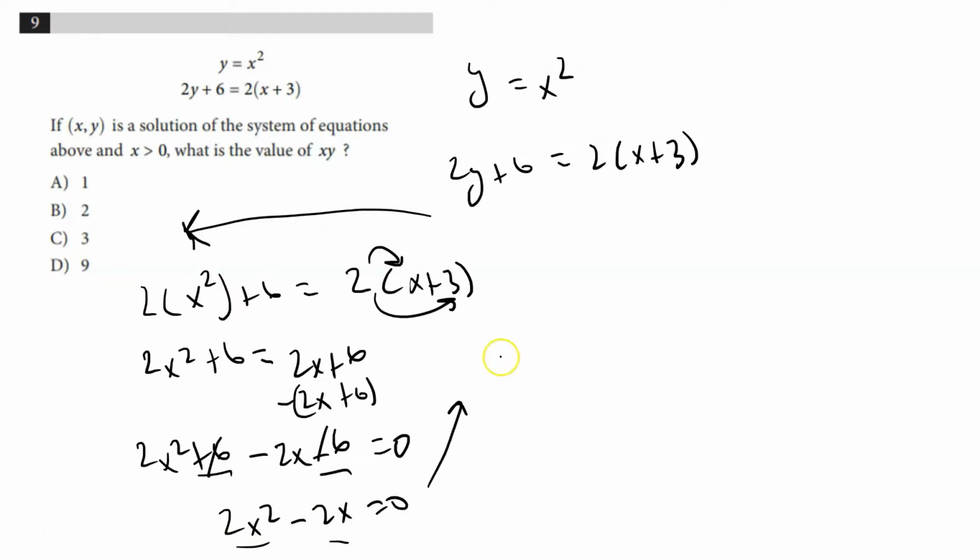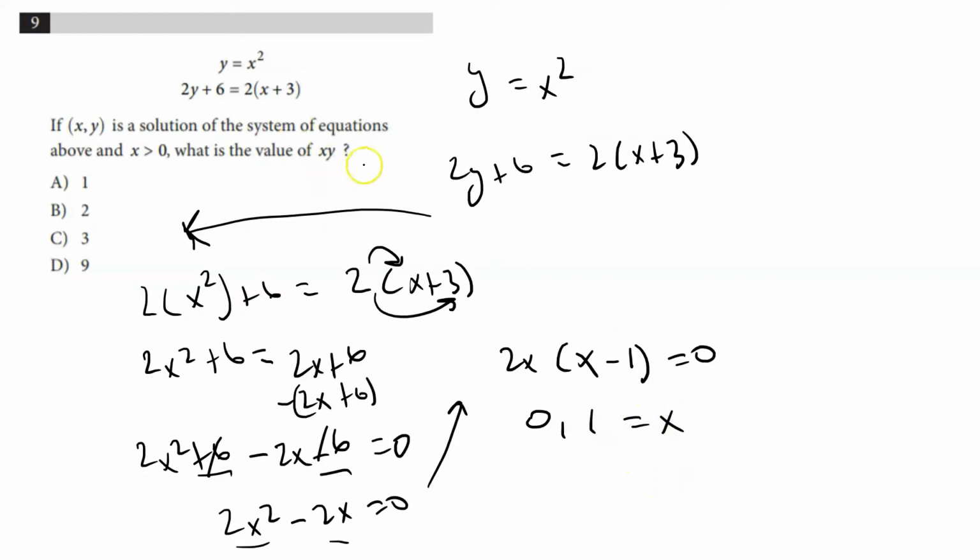So if we factor out 2x, we have 2x times, for this term only x remains, and for this only 1 remains. So 2x times quantity x minus 1 equals 0. Thus, 0 and 1 are our solutions for x.